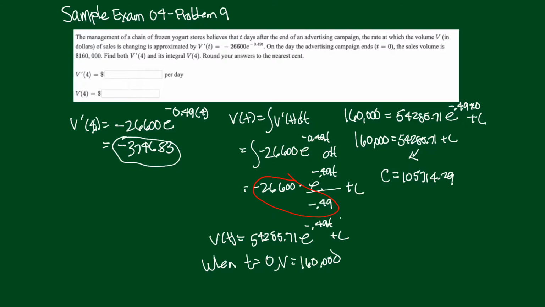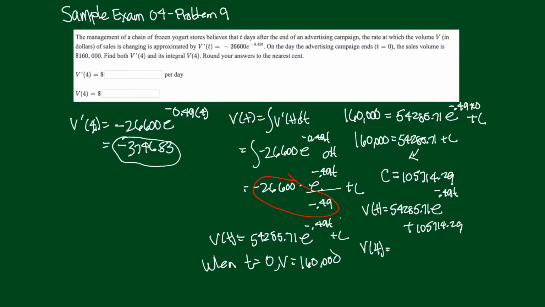So here's what I'm getting from my V of t now. So V of t is equal to 54285.71 e to the negative 0.49 t plus 105,714.29. And now at 4, right, so I'm going to put that 4 right in here for t and compute.